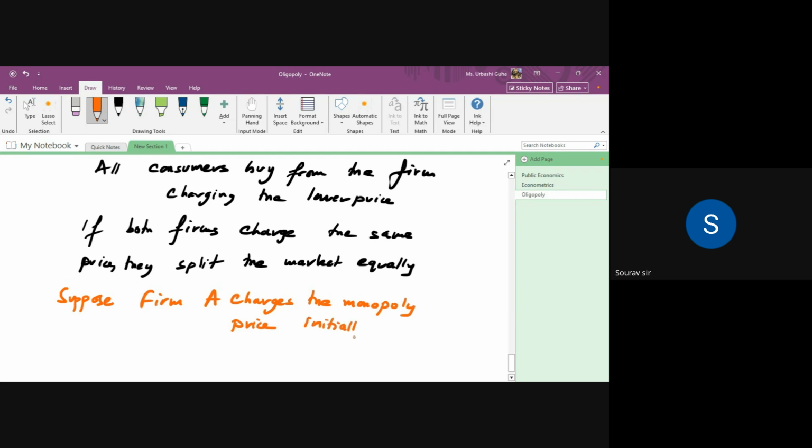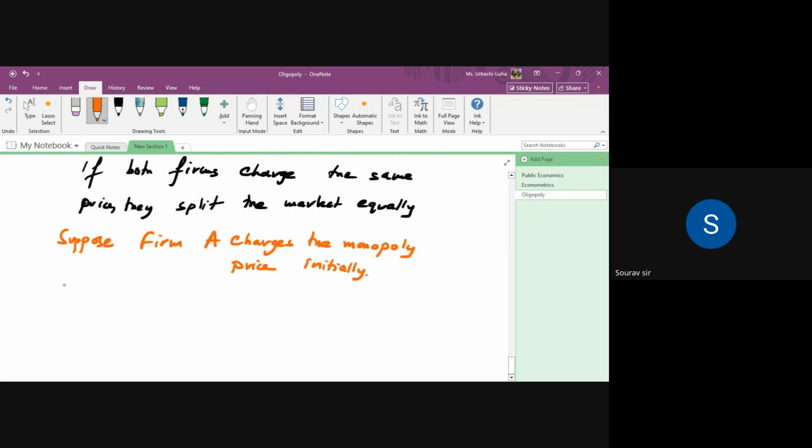Now firm B, with two firms, realizes it can slightly undercut firm A's price.